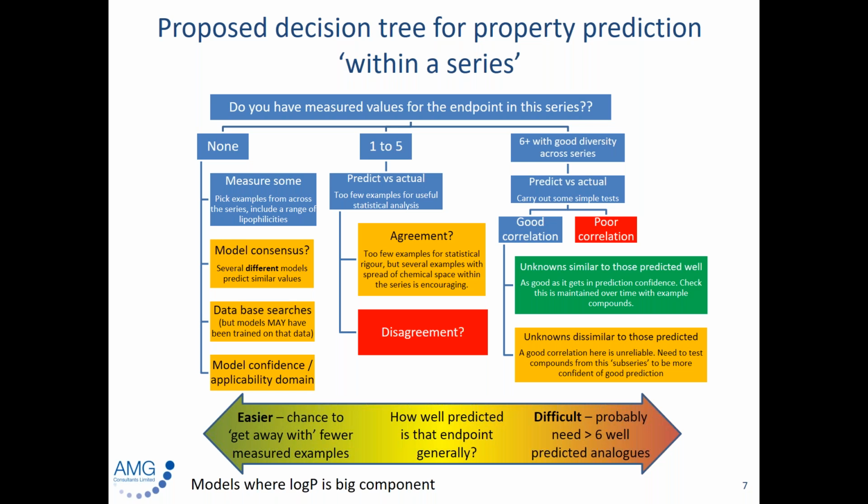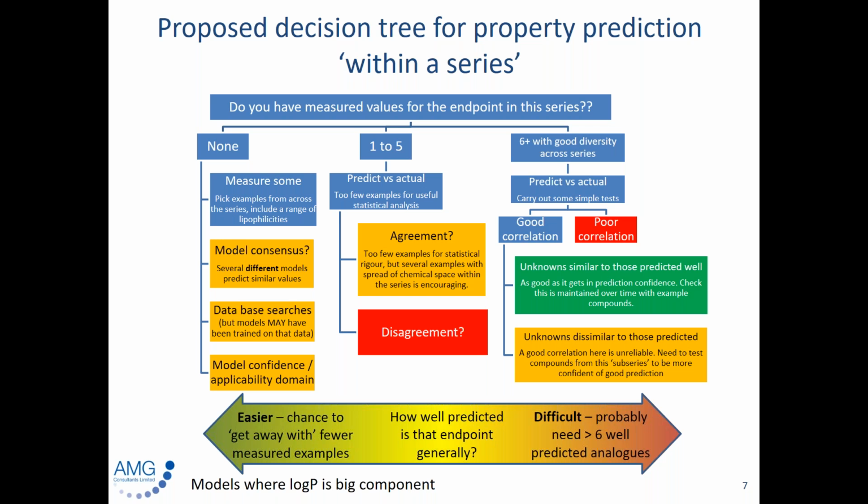So the ideal scenario presented in this workflow is to be on the right-hand side, with compounds from within a series where you've got experimental data and you can compare the model's predictions with the actual values.